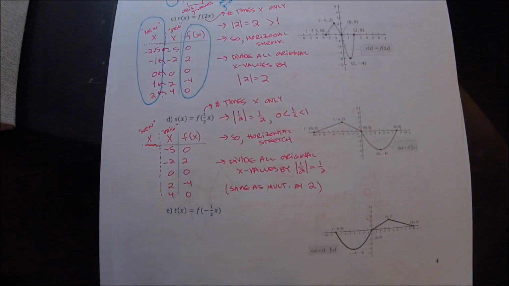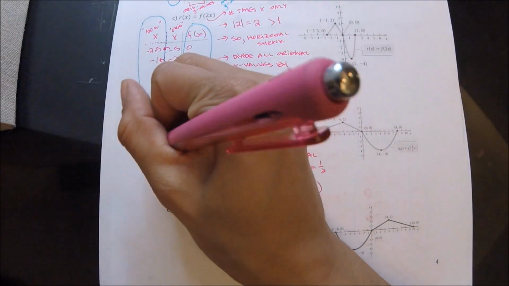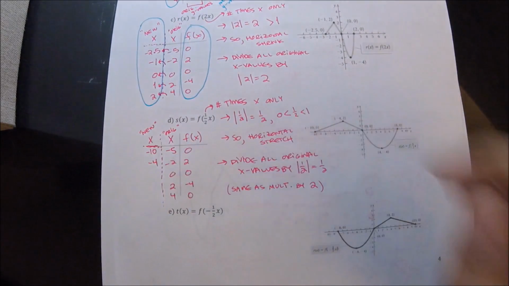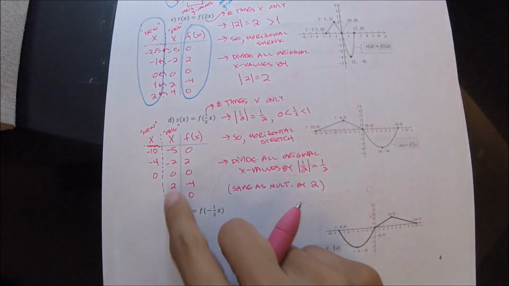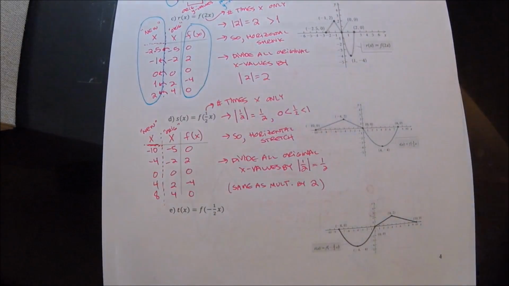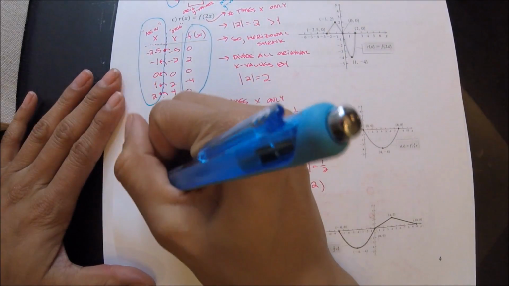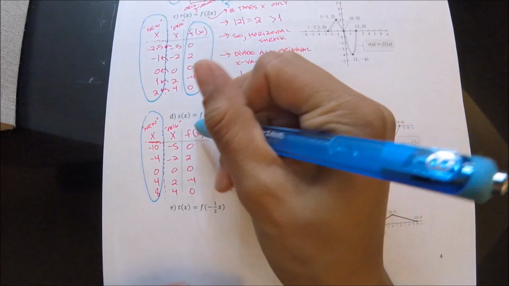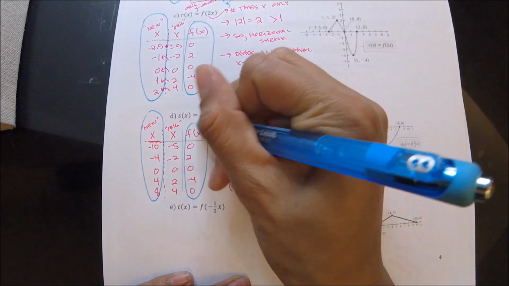So just to make it easier on ourselves, -5 times 2 is -10. -2 times 2 is -4. 0 times 2 is 0. 2 times 2 is 4. 4 times 2 is 8. So these are the x values that we want to use, and we're going to use the original y values.